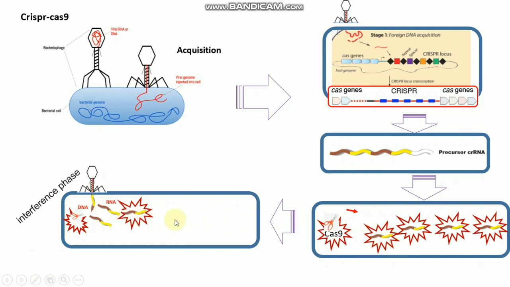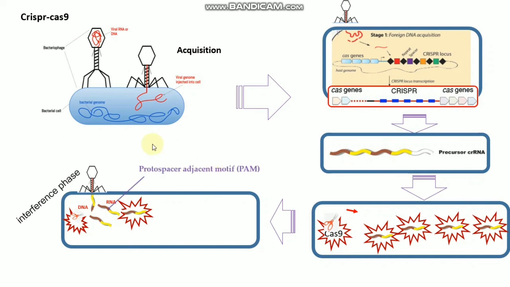This RNA matches with the foreign DNA and binds with the complementary sequence of the DNA. Then Cas9 detects and recognizes this DNA-RNA hybrid, and specifically cleaves the foreign DNA. So this is how it works.